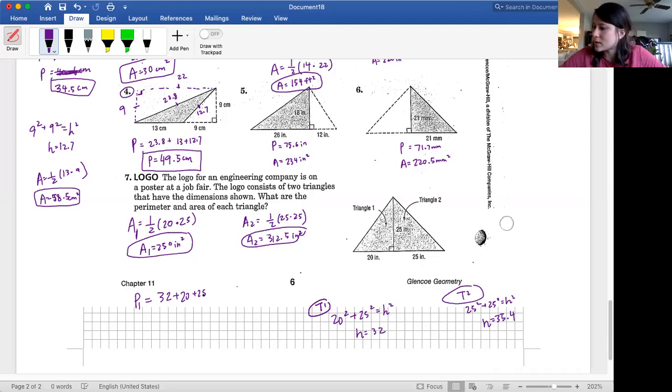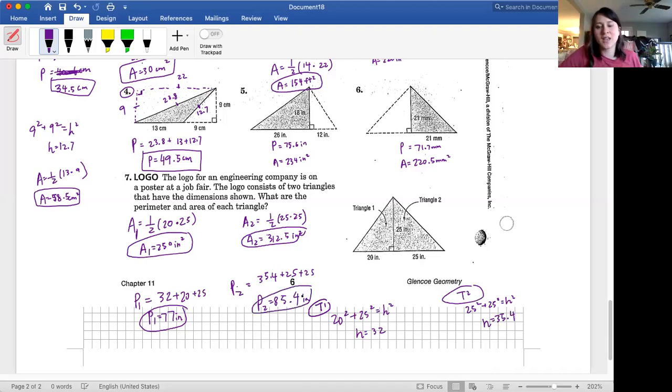And that's 77 inches. The perimeter of triangle 2 is 35.4 plus 25 plus 25. And that's 85.4 inches. And there you go.